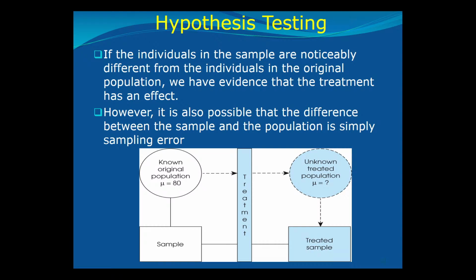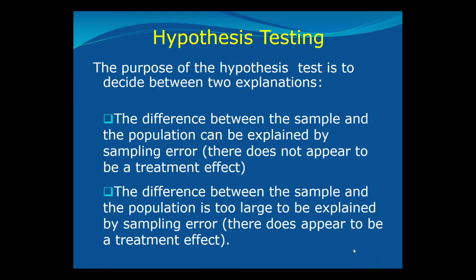So, we have two different populations: the known original population, and after the treatment, the unknown treated population. We take a sample from each population and use these samples for comparison by using hypothesis testing.